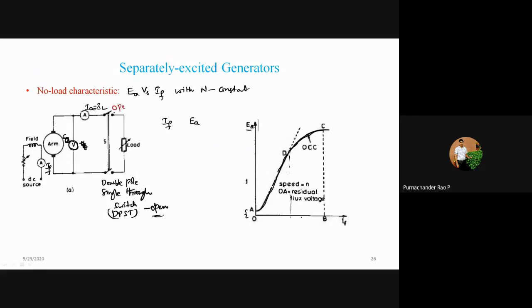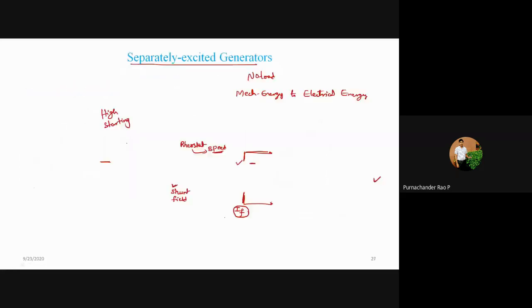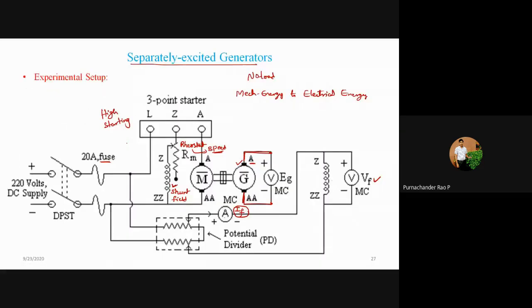So no load is connected, and therefore here I am going for the open circuiting of the generator, and we are measuring the voltage EG. So our no load characteristics can be obtained with respect to field current IF.